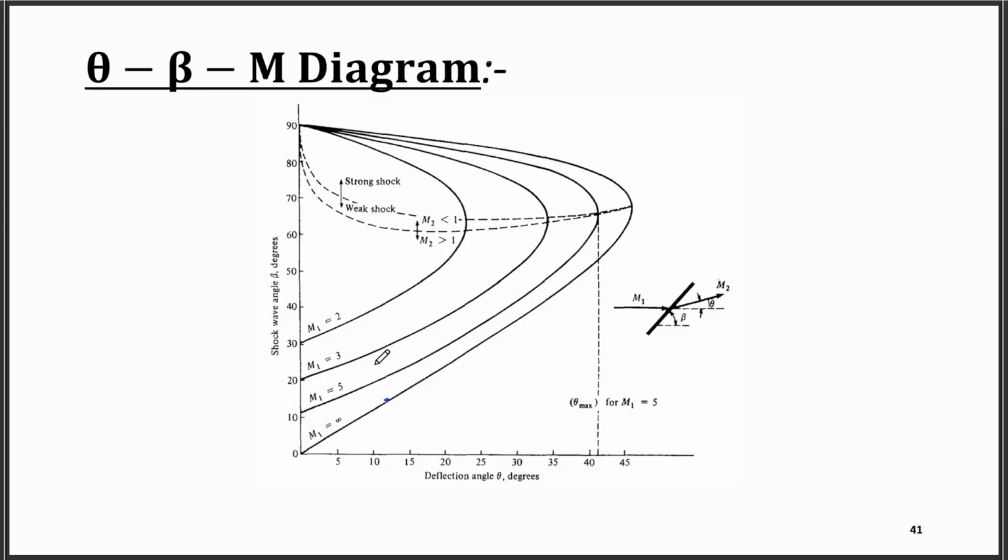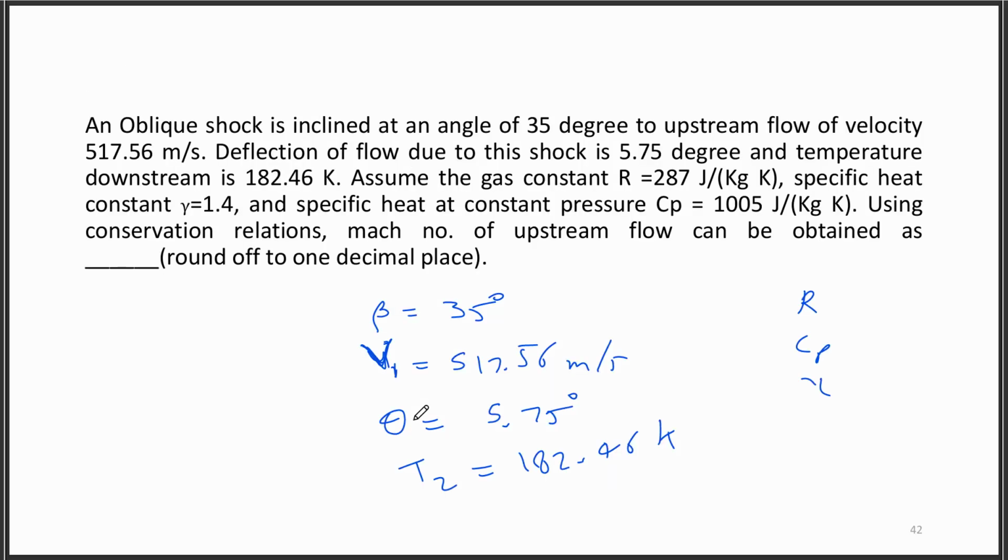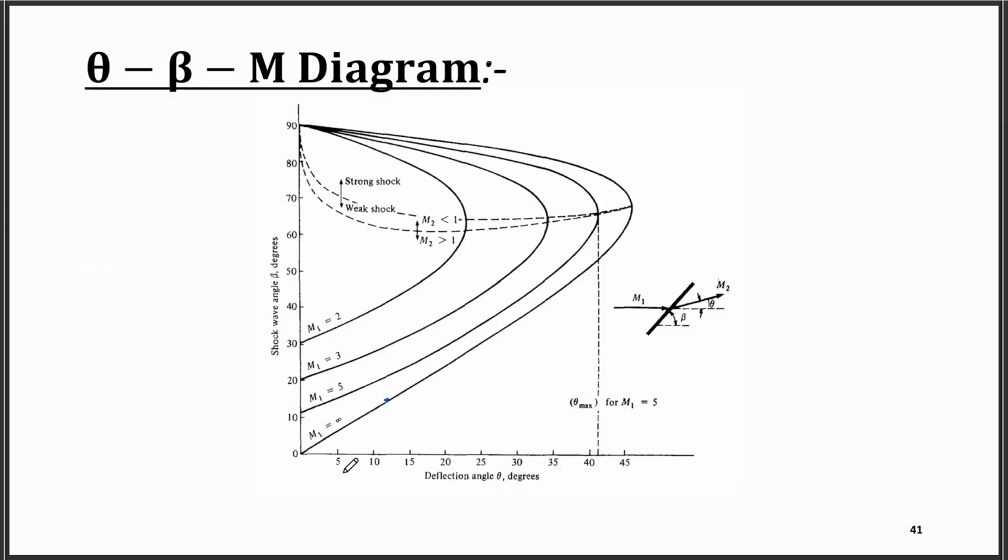Like if you know theta 5.75 and beta 35, let's say 5.75 somewhere here and here is 35, you can match those lines, and where it is meeting at which Mach number line, you can take that as the Mach number.